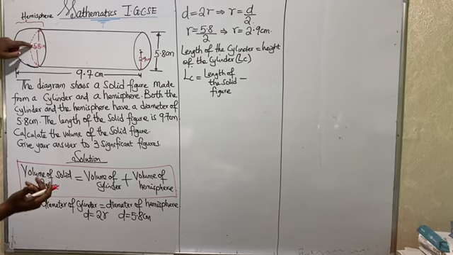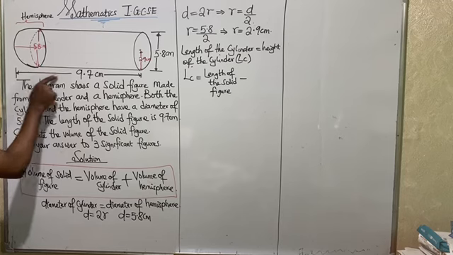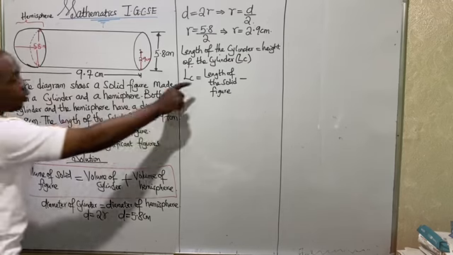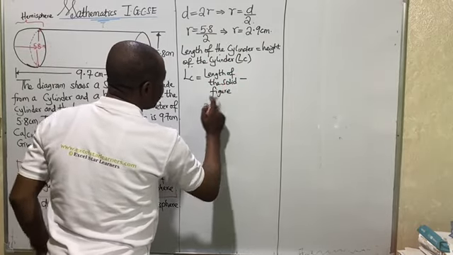So the radius, the remaining length of this side, will be 2.9.